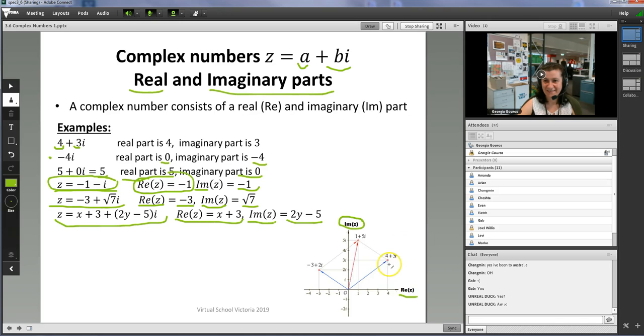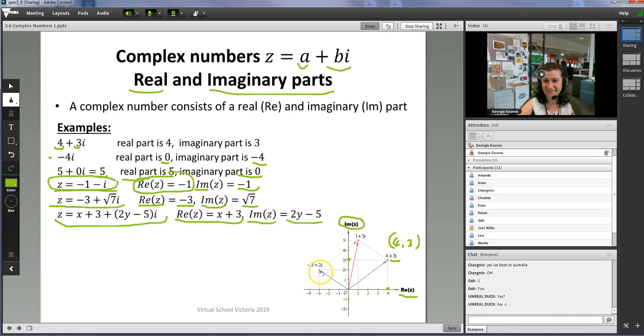So here are some examples. Here we've got 4 plus 3i, 4 units in the real and 3 units in the imaginary. So it's the equivalent, I suppose, of this coordinate that you might be familiar with on the xy plane, (4, 3).